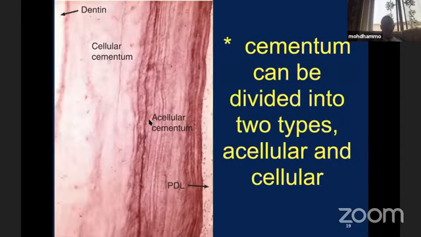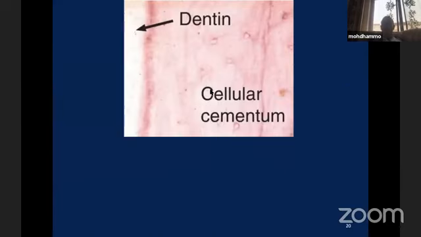Now, if we look at the cementum, it is divided into two types, acellular and cellular. Here we are dealing with dentine. Next to dentine, we have cellular cementum, then acellular cementum, then the periodontal ligament.